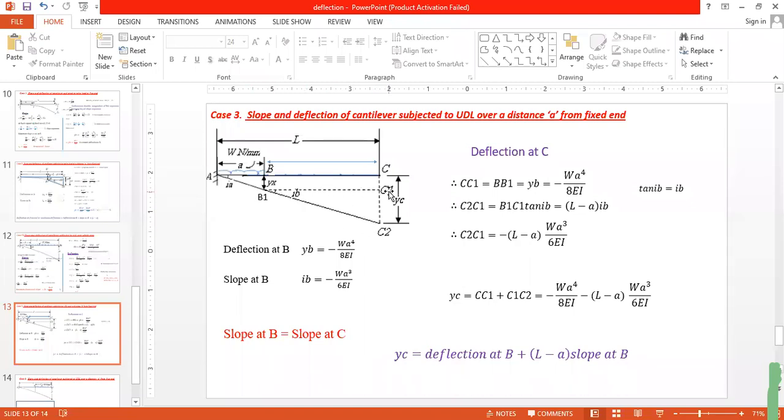If the angle is zero, then tan is also 0, and this angle is near to 0. If it is a very small angle, it is near to 0. Therefore we can consider tan iB equal to iB. Therefore I can write this equation: C2C1 equal to (L minus a) into iB.